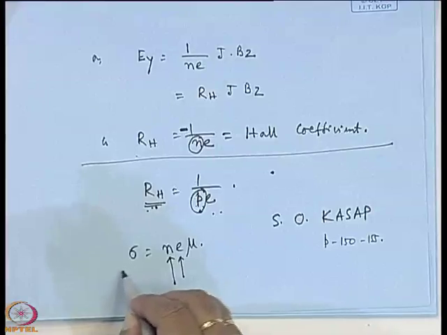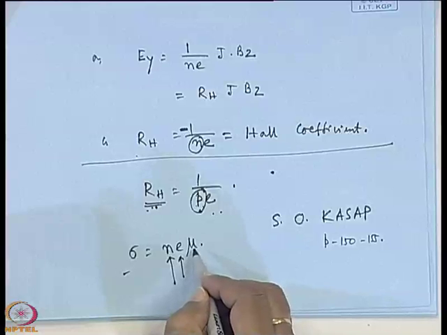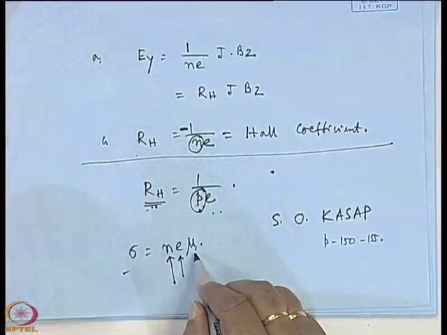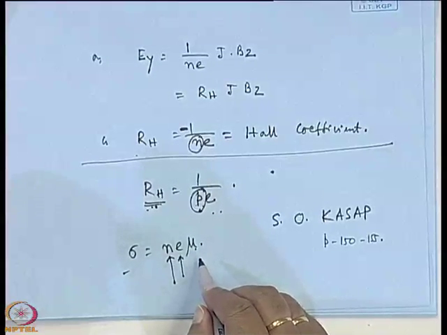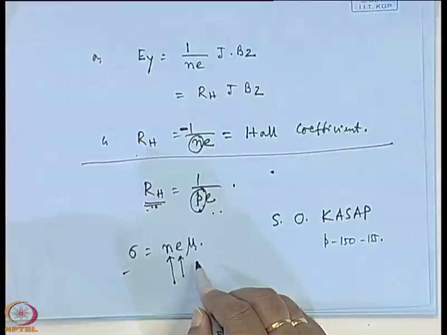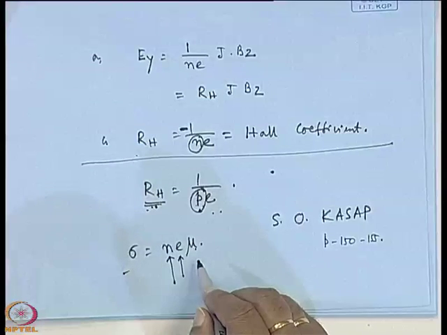For Hall effect you need to use the Van der Pauw configuration. So, you use the Van der Pauw configuration, you measure, and then calculate the mobility. That mobility is known as the Hall mobility. Obviously, it is from the Hall effect, it is the Hall mobility.